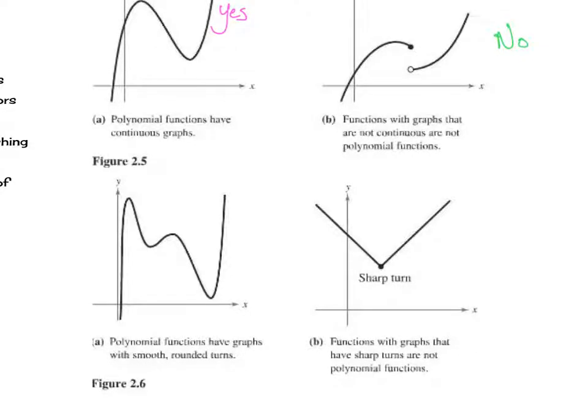This other example here, if you trace this first one, the smooth, rounded curves, you don't have to lift your pencil. And then this last example here, there's a sharp turn here, so that is not a polynomial function. So we can say this is yes, polynomial, it's continuous, smooth. This is a no, because it has a sharp turn, like our absolute value.